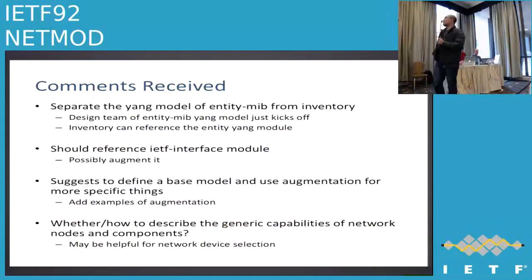The last thing is whether or how to describe the generic capabilities of the network nodes and components in this inventory module. We believe that such capability information may be helpful for the network device selection of the operators. And this is also open for discussion.